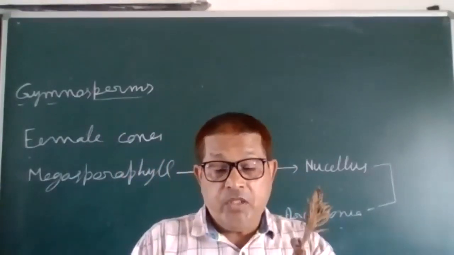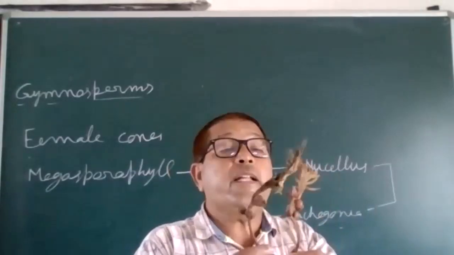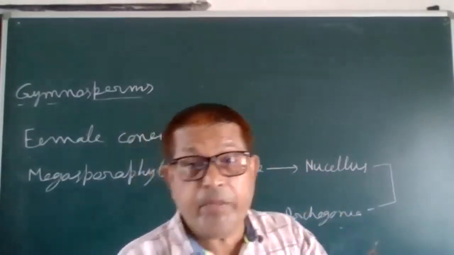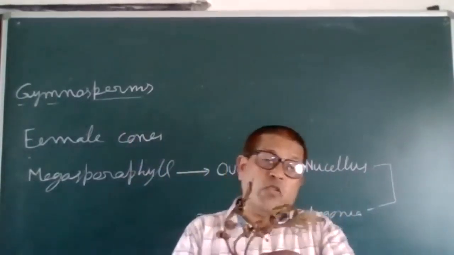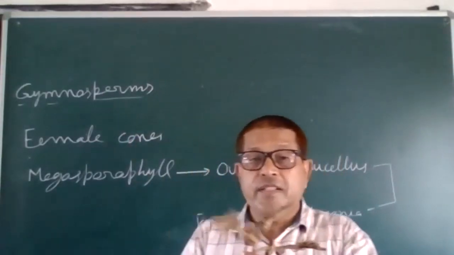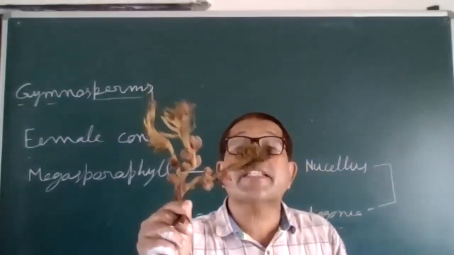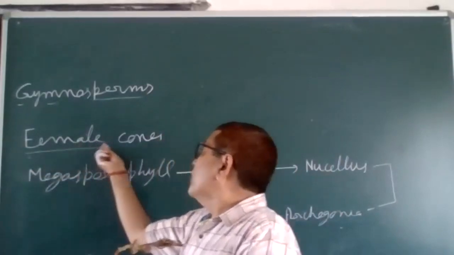This is one megasporophyll, this is another megasporophyll, and these are the megasporophylls. So many sporophylls together make the female cone.